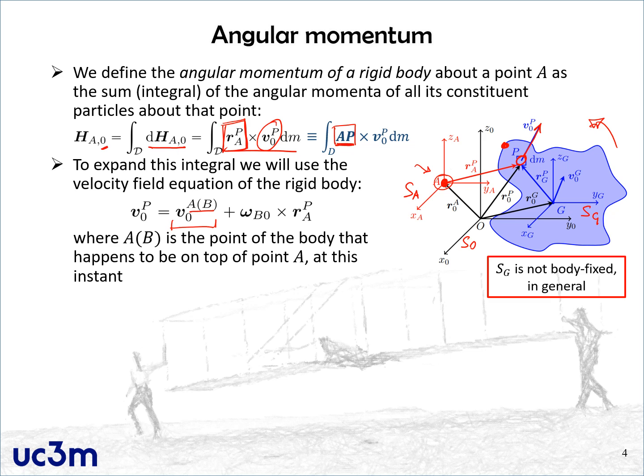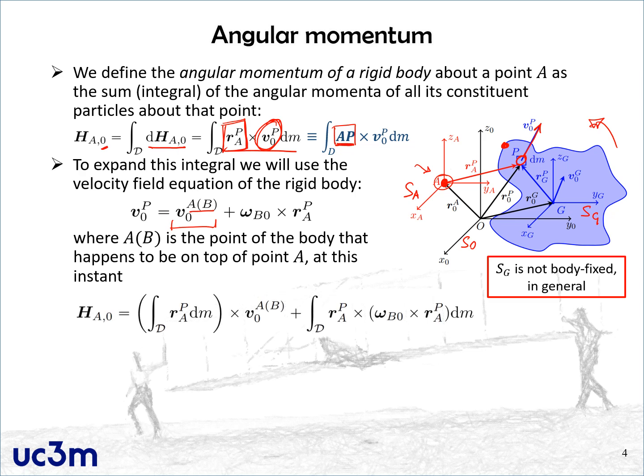Armed with this expression for the velocity field of the rigid body, we can substitute this velocity, obtaining this result. Observe that we have two integrals. In the first integral, since the velocity of point A of the rigid body is a constant inside of the integral, I have already taken it out of it.